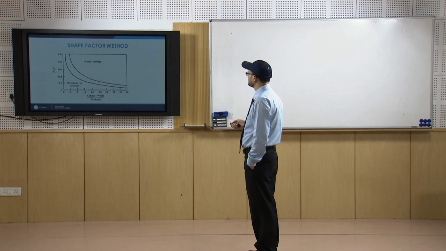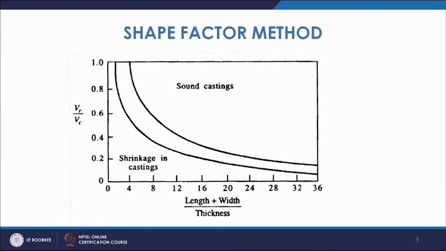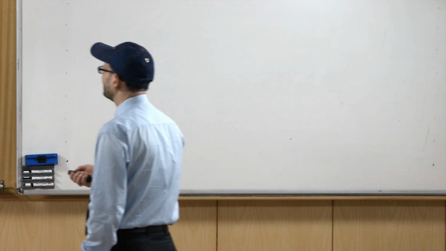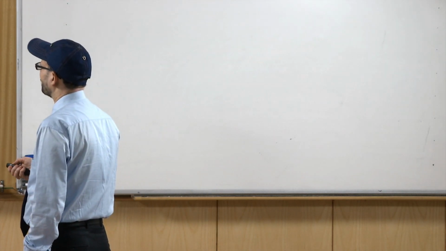As you see, this is the length plus width upon thickness. Once you get this length plus width upon thickness value, you come here. These two lines show the lower and the upper limit, because experiments were done in between and the findings were found out.